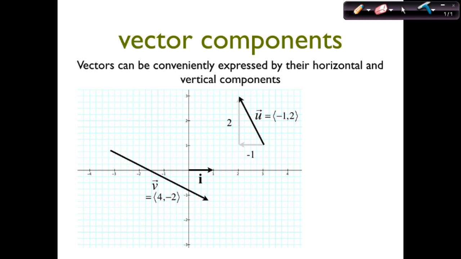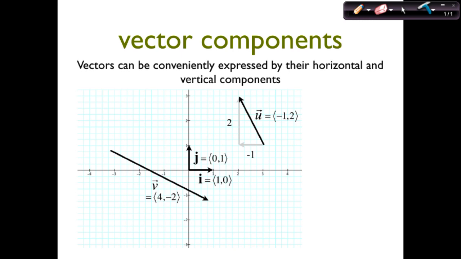Okay, so another way to express vectors in terms of their components is in terms of what's called the standard basis unit vectors. What vector is that right there? What are its components? It's a very special vector, so that vector is <1, 0>, and we call that i. That's the vector i. And the vector j is <0, 1>.